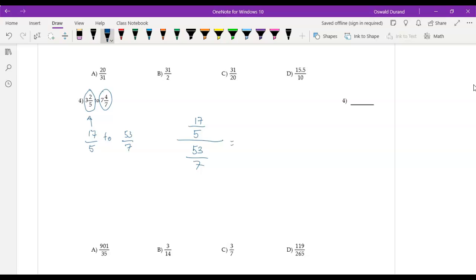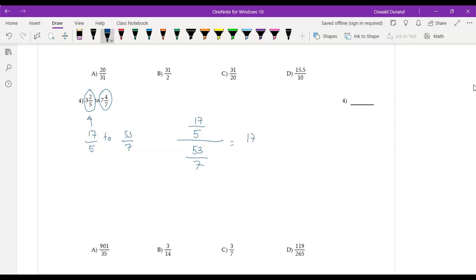Right? So at this point, what we want to do is, if it's a fraction divided by a fraction, right? That big fractional bar here is a division. So we know how to deal with division of two fractions. We turn it into a multiplication and we multiply by the reciprocal of the second fraction, right? So let's put it that way.